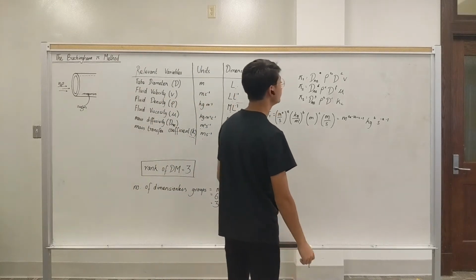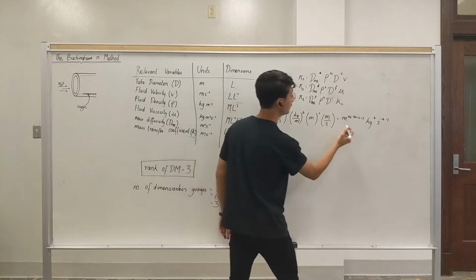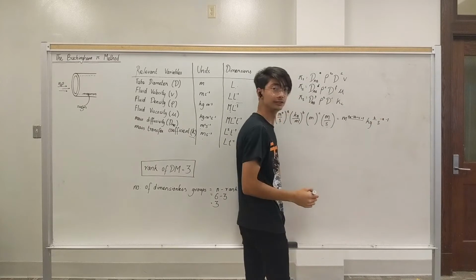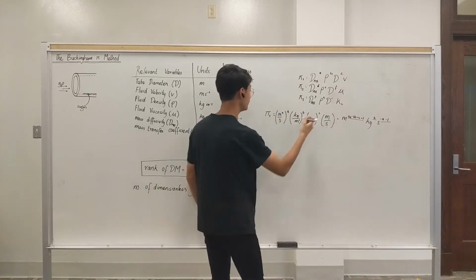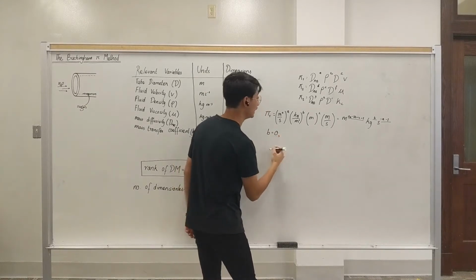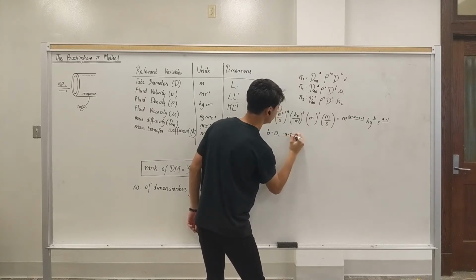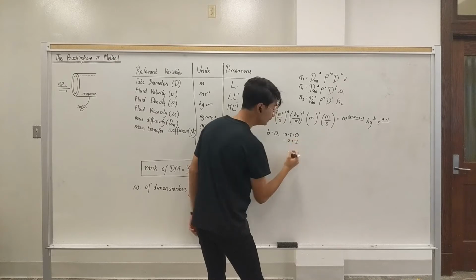Now, since these are dimensionless groups, this should equal 0, this should equal 0, and this should equal 0. So right off the bat, we know that b is going to be equal to 0, and then negative a minus 1 is equal to 0, so that means a is equal to negative 1.